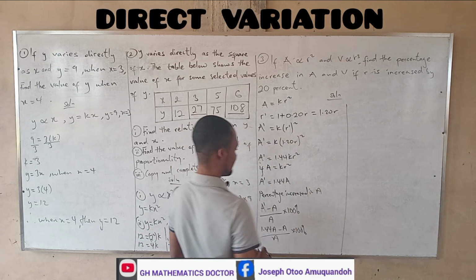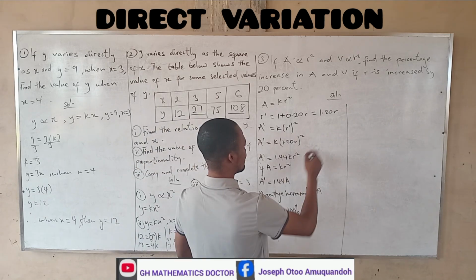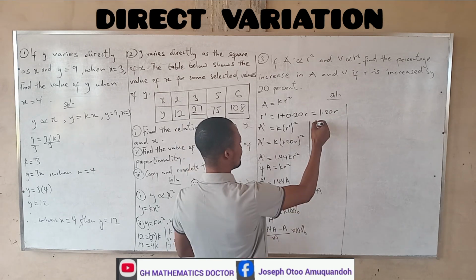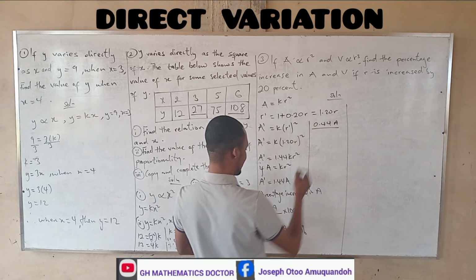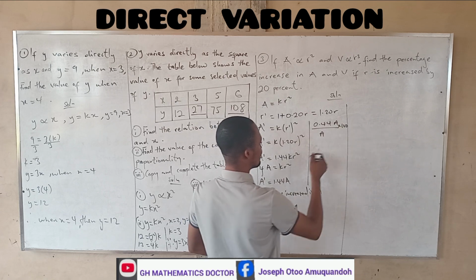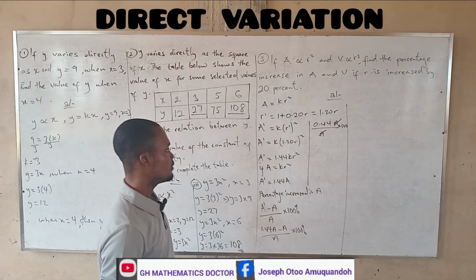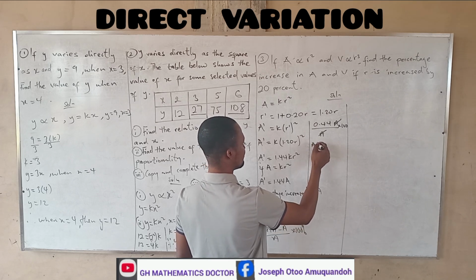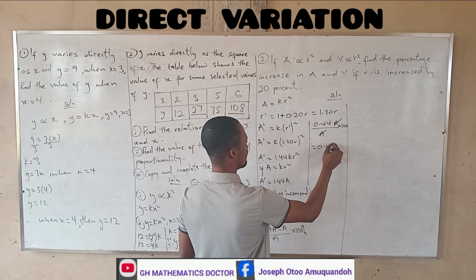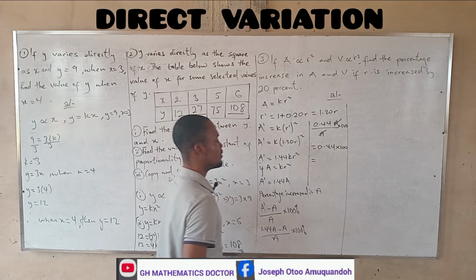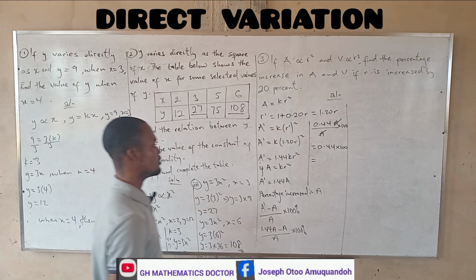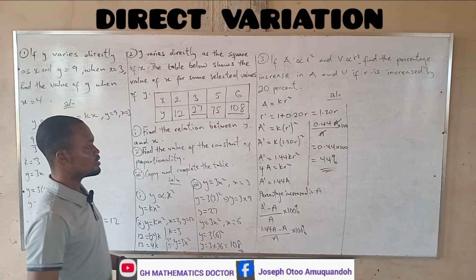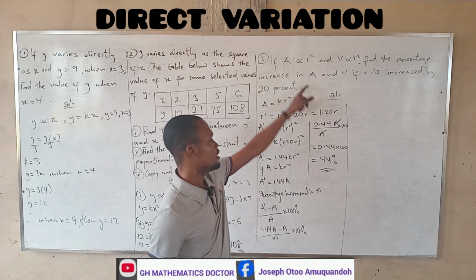So this minus this will give you 0.44A over A times 100. So we cancel this A. Now we have 0.44 times 100. And our percentage increase will be 44%. So the percentage increase for A is 44%.